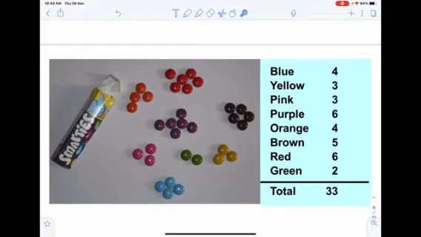For example, blue is 4 in number, yellow 3, pink 3, purple 6, orange 4, brown 5, red is 6, and green is 2. But the total number is 33 toffees. Out of that, these are the different colored toffees which we have.